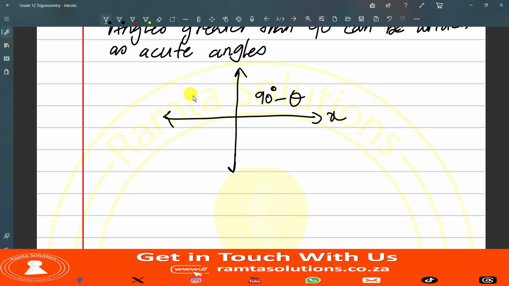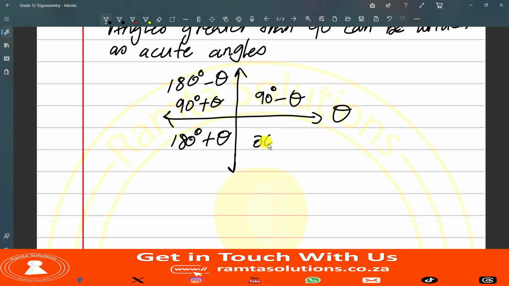Then in the second quadrant, we are using 90 degrees plus theta, or 180 degrees minus theta. In the third quadrant, we are using 180 degrees plus theta, or this is minus theta. In the fourth quadrant, we are using 360 degrees minus theta.